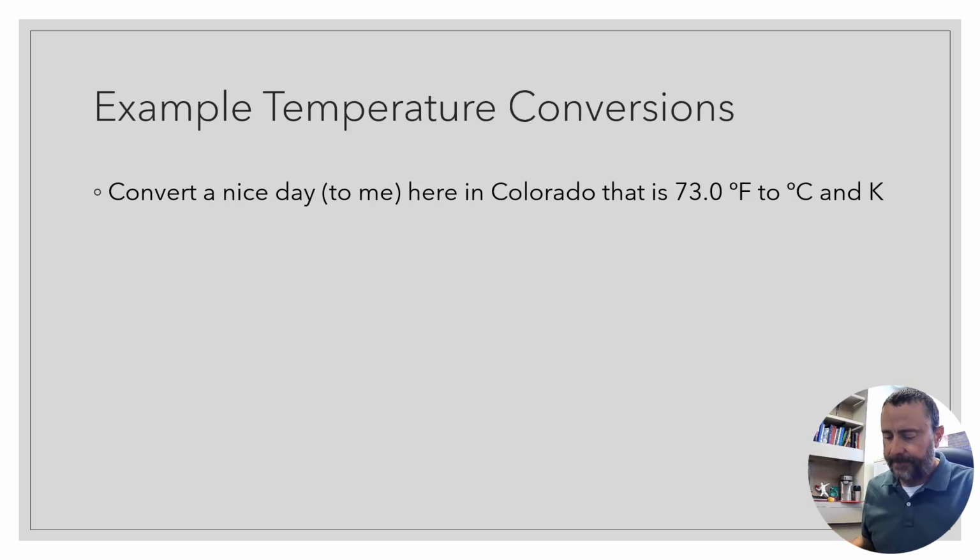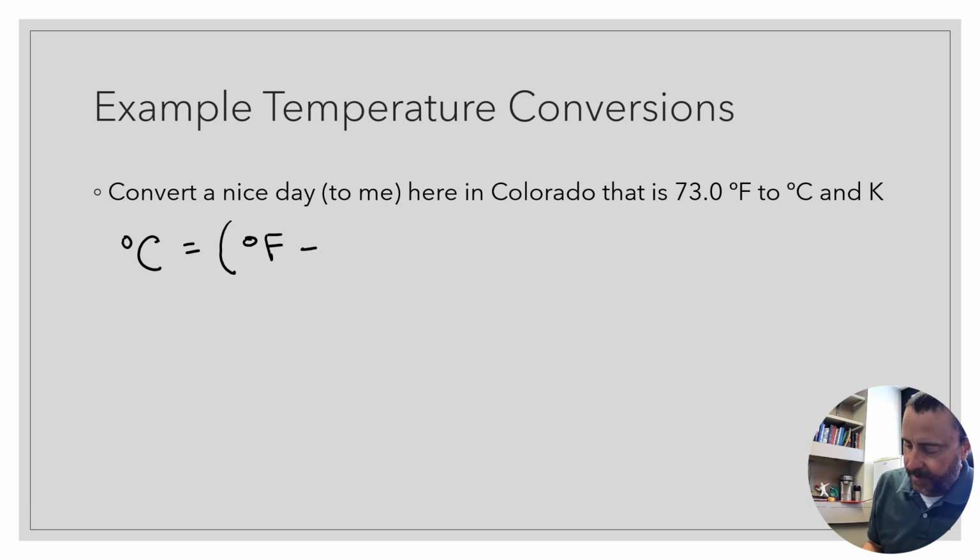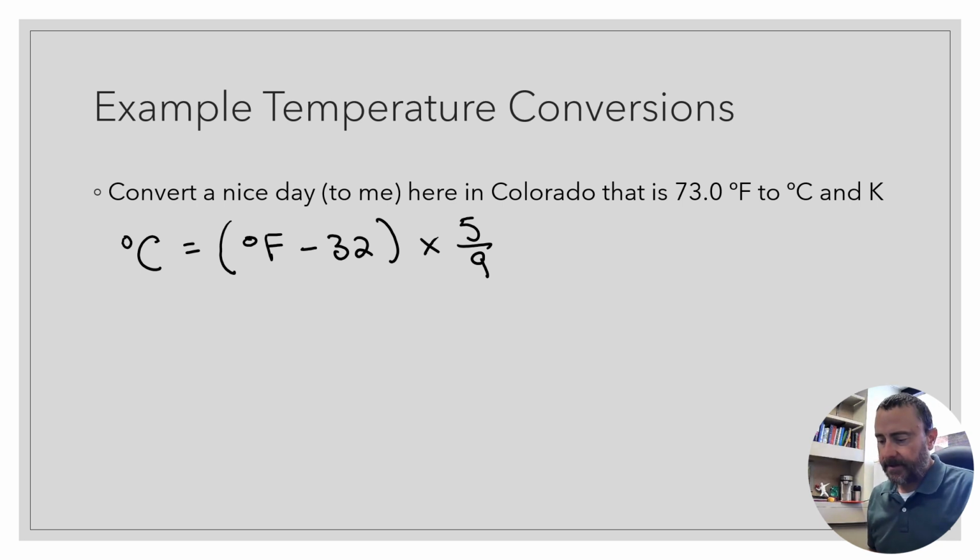All right, so let's see. We're going to have a nice day, at least as far as I'm concerned, that is 73 degrees Fahrenheit to Celsius and Kelvin. If we want to do our Celsius one, our degrees Celsius is equal to our degrees Fahrenheit minus 32 times 5/9.